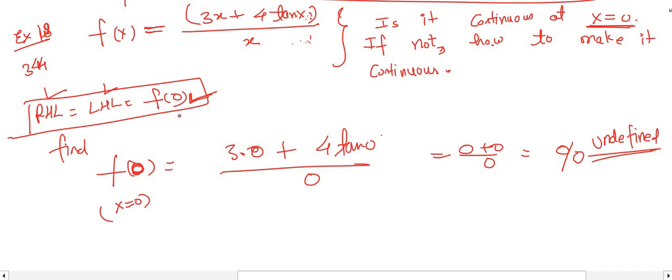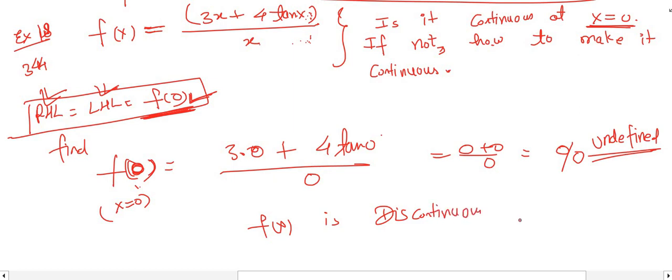That means the function value itself does not exist at 0. So there is no use of finding RHL and LHL. So this function is discontinuous, definitely.